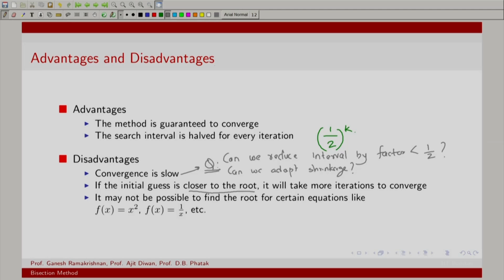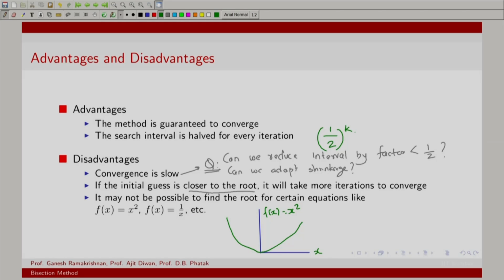And most importantly, this algorithm has severe limitations in what it can deal with. So, reminding ourselves of one function for which we said the algorithm won't function is the quadratic function f(x) equals x squared, or you could even consider x raised to 4. Now there is no way you can find a and b with opposite signs for the function.